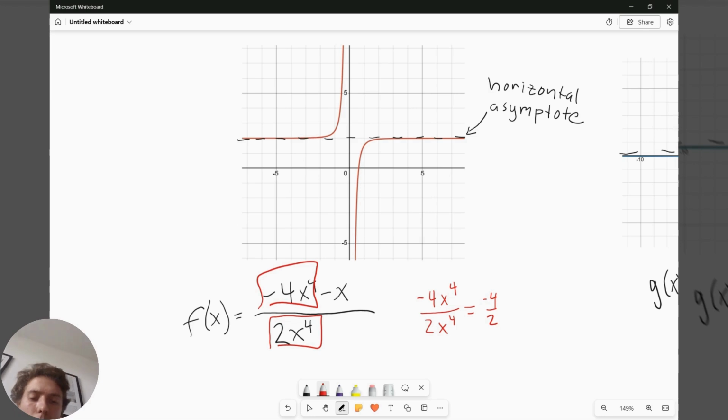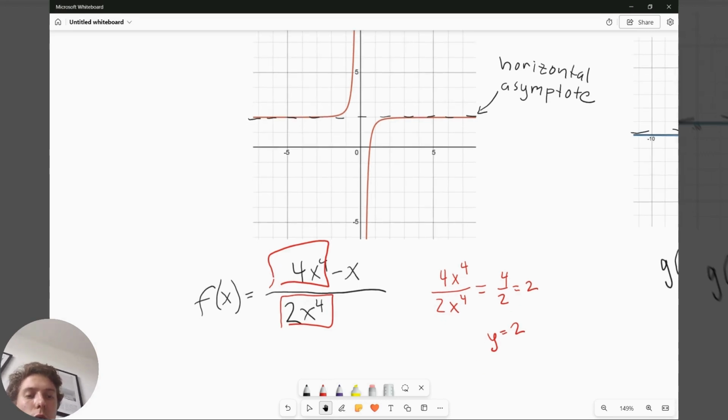Well, remember, case 1 said if your degrees are the same, all you care about is the ratio, the fraction of the coefficients, which is negative 4 over 2. I believe this is actually a positive 4 over 2. That's a typo on my end. Okay, but having that 4 over 2, then you would see that that value does simplify to 2. That tells me the horizontal asymptote is at y equals 2.